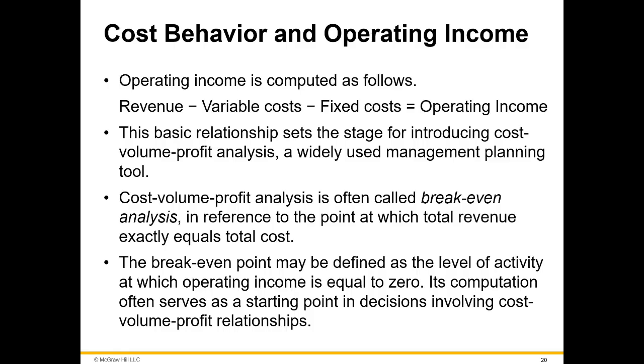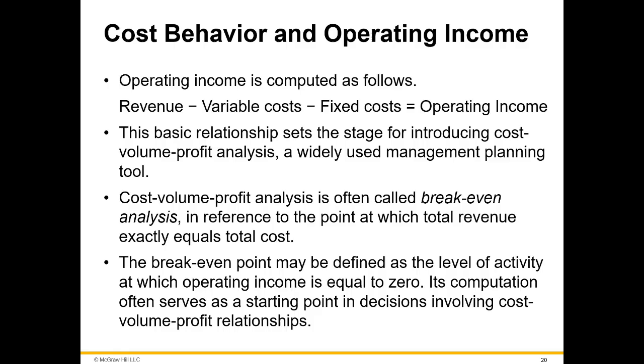And so we're going to use cost volume profit analysis to determine break-even level and how profits change as these costs change. So the break-even point is going to be the level of activity where operating income is exactly equal to zero. And that's usually our starting point, is where's break-even and what happens if we lower costs, change costs from variable to fixed, and so forth.